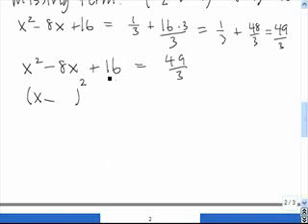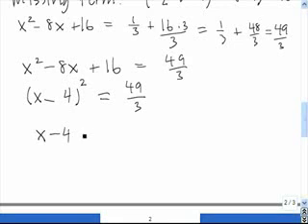The square root of this is 4, so I know that's what goes right there. And that's still equal to 49 divided by 3. Now we rewrite this without the squared term as x minus 4 is equal to plus or minus the square root of 49 divided by 3.